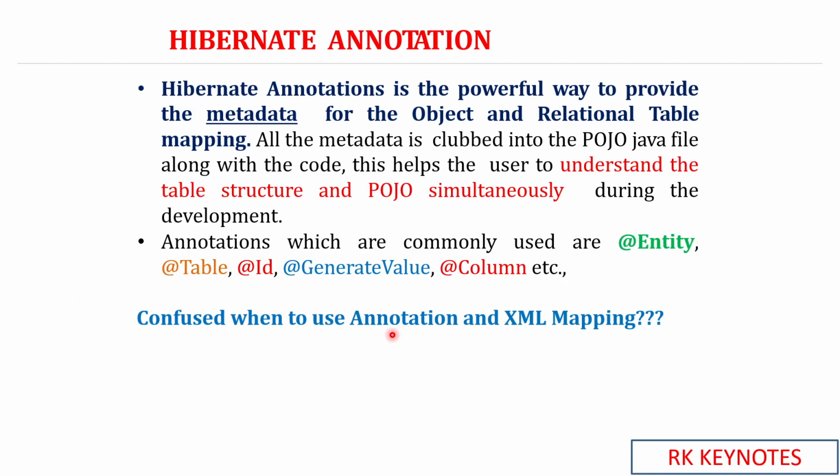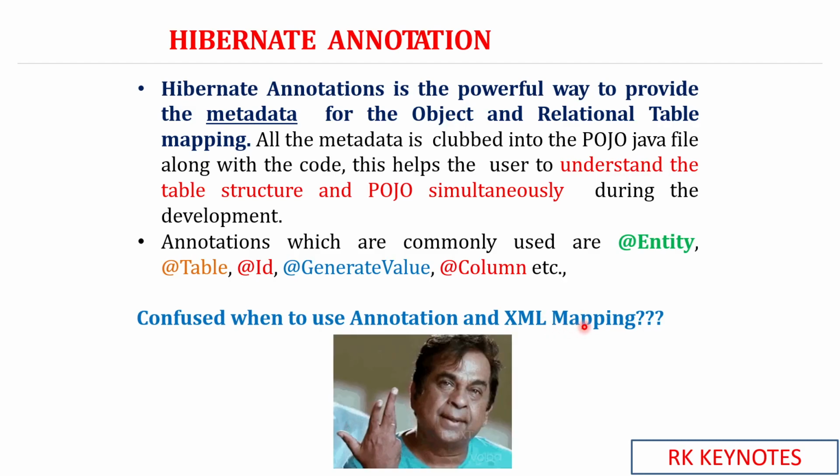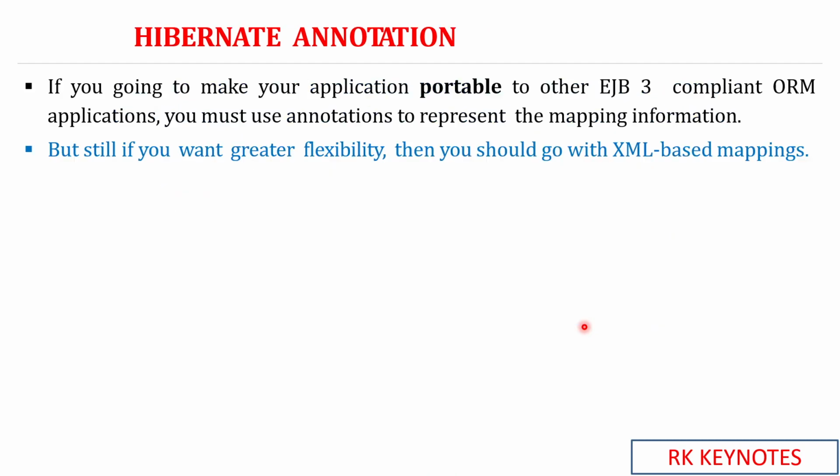Now, are you confused about when to go for annotations, meaning when to skip the Hibernate mapping file, or when to use the Hibernate mapping file? The solution for this is here. If you need portability of your application, then you go for annotations.